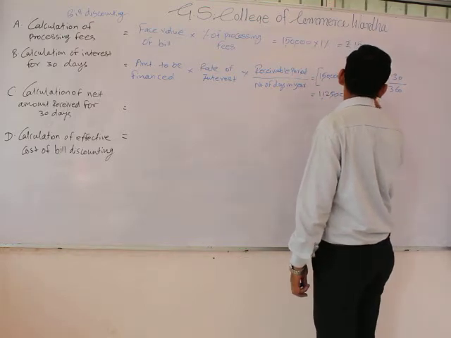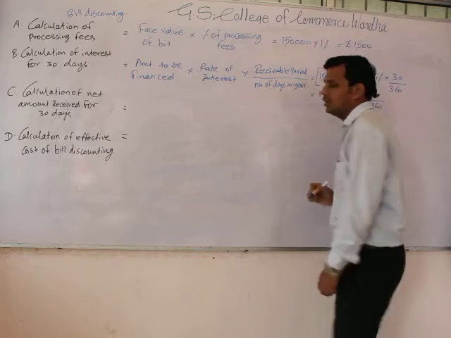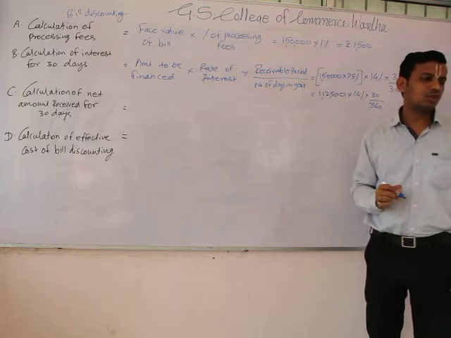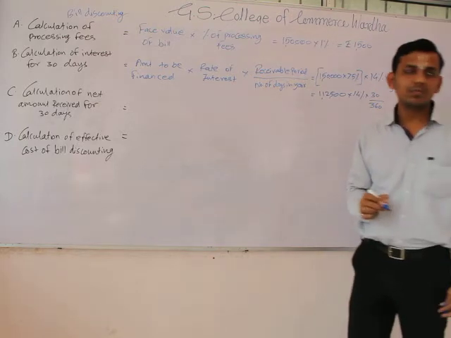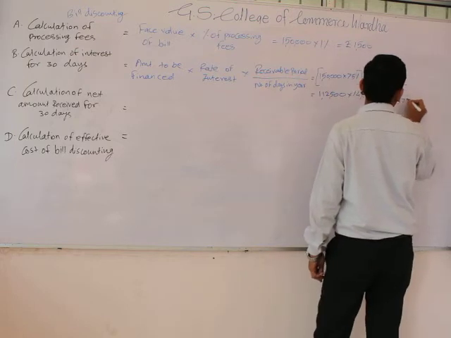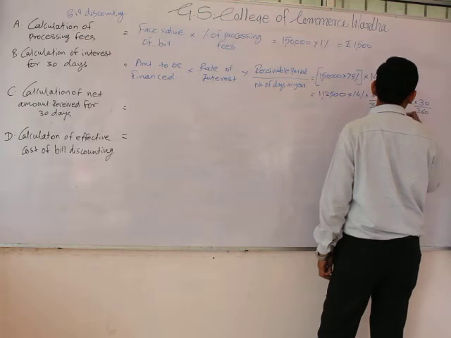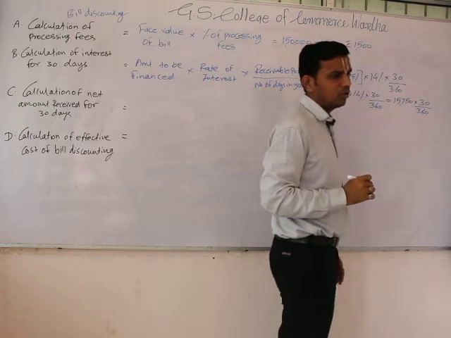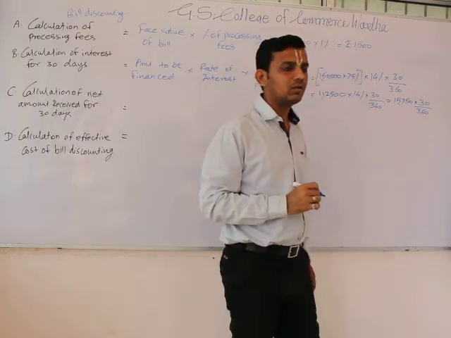multiplied by 14 1/4% into 30 divided by 360, which is equal to 15,750 into 30 divided by 360, where 30 is the credit period.